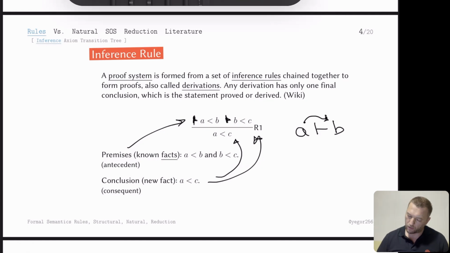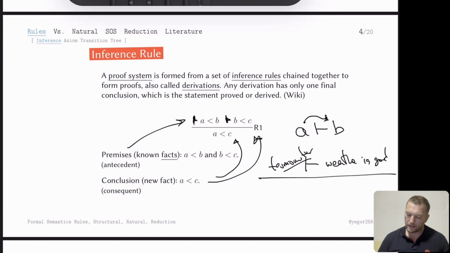So for example, based on the thermometer, based on the measuring device, we can say that the weather is good, and then we go to the forest.